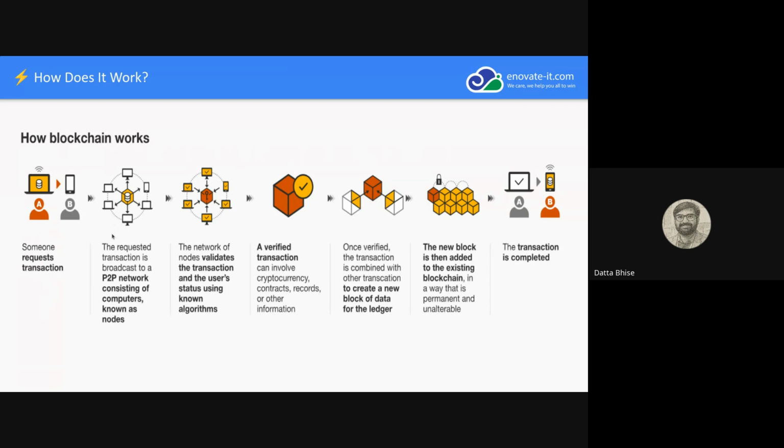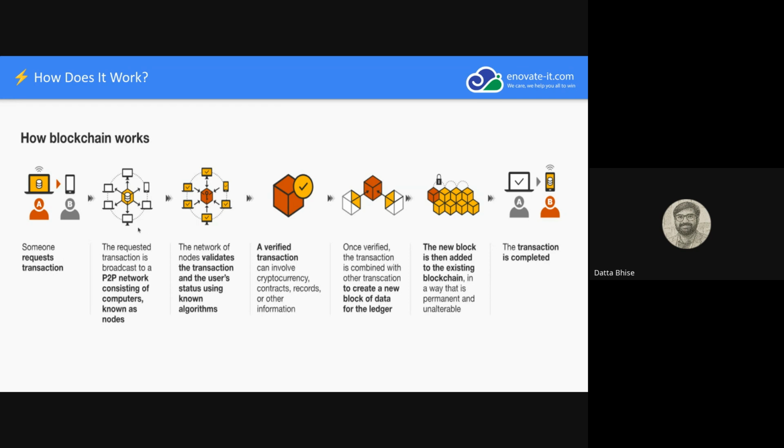Now when the transaction is broadcast, the network keeps a pending transaction pool. Since the transaction was just broadcast, it's in the pending state and no miner has taken it into a block yet. The nodes create a block, and in that block they add transactions from the pending pool.